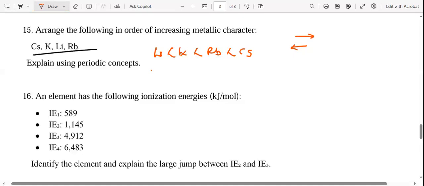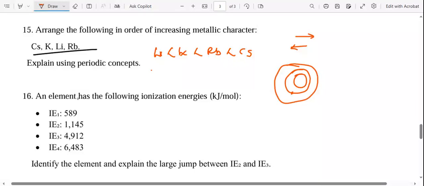Calcium is more metallic because as you go down, you are increasing the shells, so the metallic character increases. That's the explanation you can give there. Verify with me on the periodic table and see what is happening.